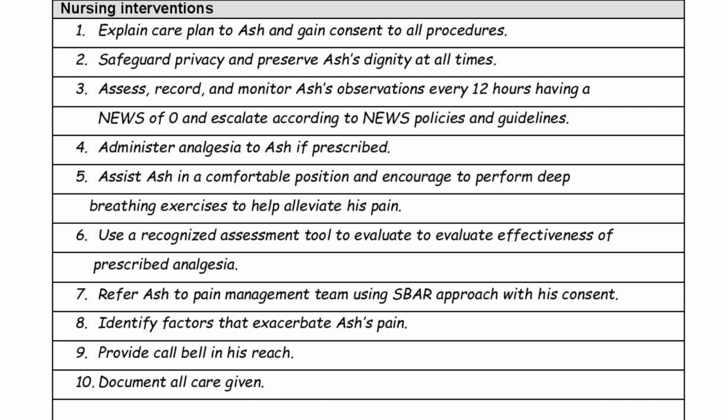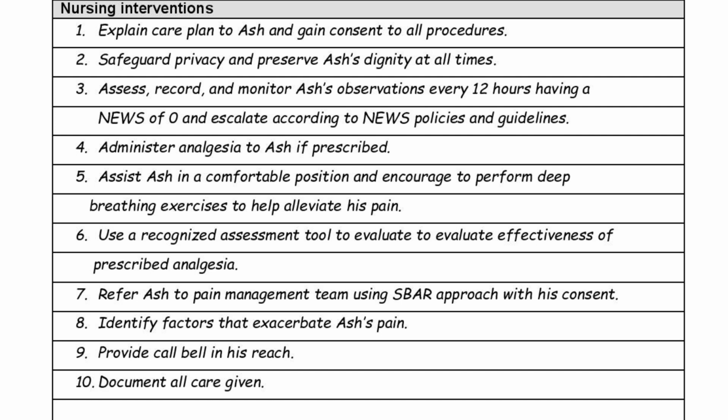So what you're going to do is monitor, because the patient is already post-operative. You're going to assess, record, and monitor the patient's observation every 15 to 30 minutes, as your patient came out from theater post-laparoscopic hemicolectomy. Followed by, if your patient has analgesia, make sure that you've given the analgesia if it's prescribed, and make sure that you put your patient in a comfortable position and that the patient can do deep breathing exercises to relieve the pain.